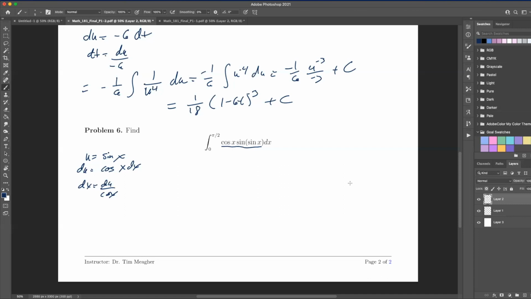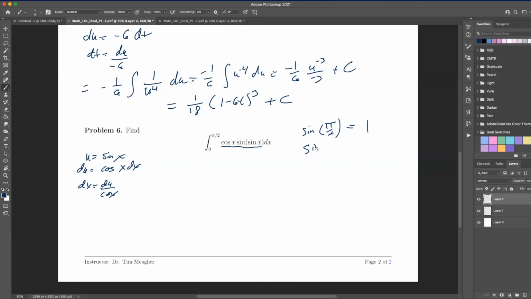So when I plug this all back in, oops, I forgot to do something. Here I need to find out what sine is plugged in, because whatever I have here, I need to move these over. So here I need to put in pi over 2. Well, sine of pi over 2 is, of course, 1, right?